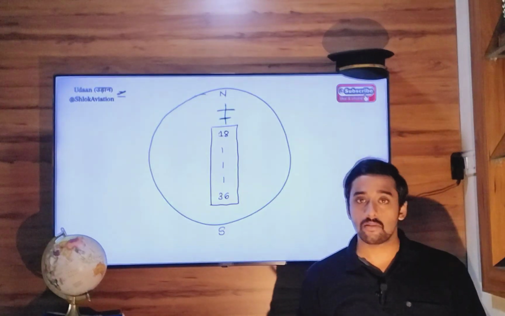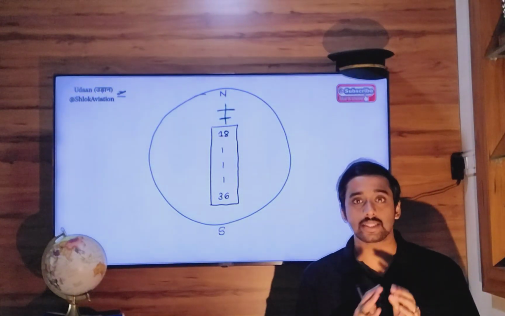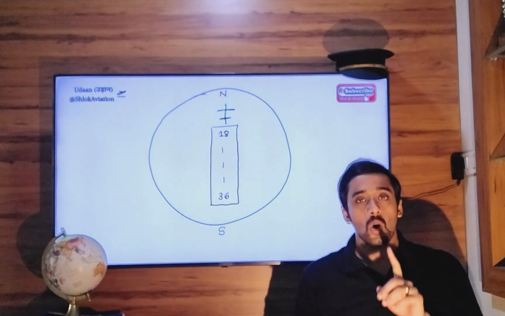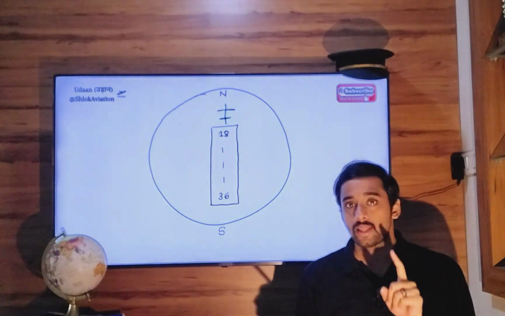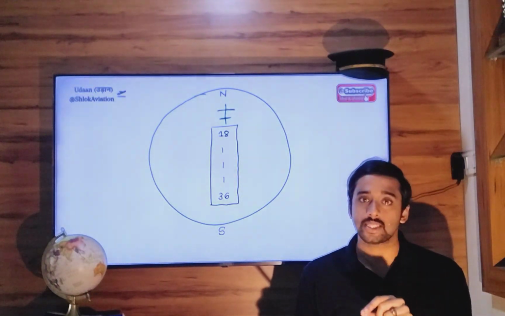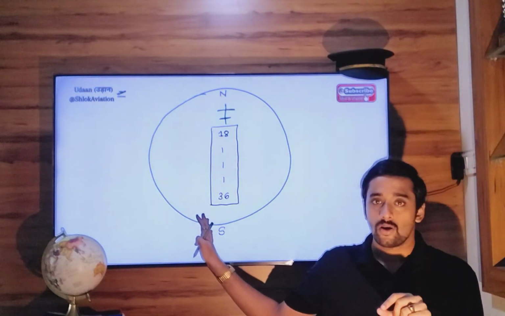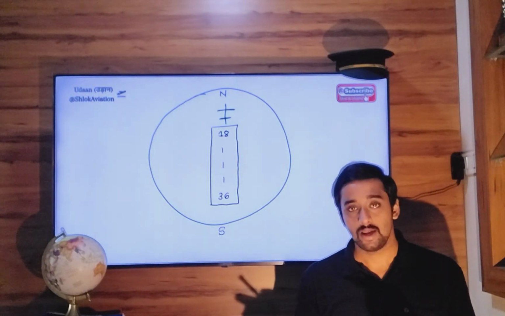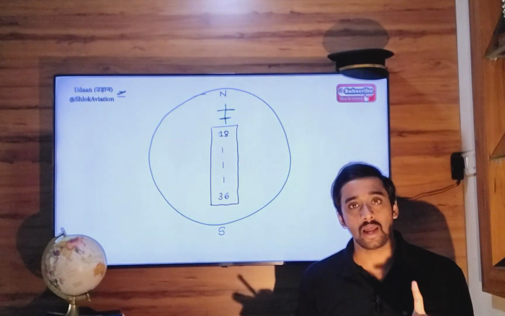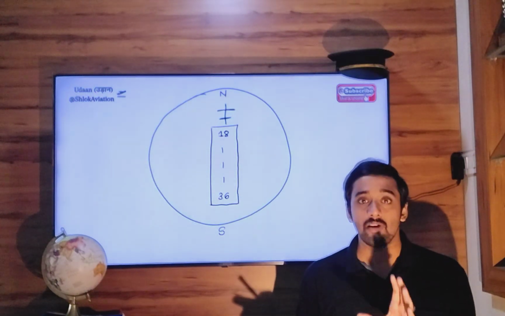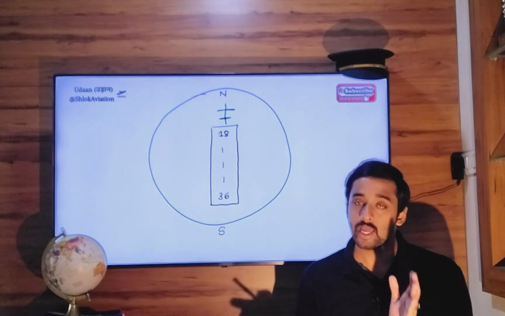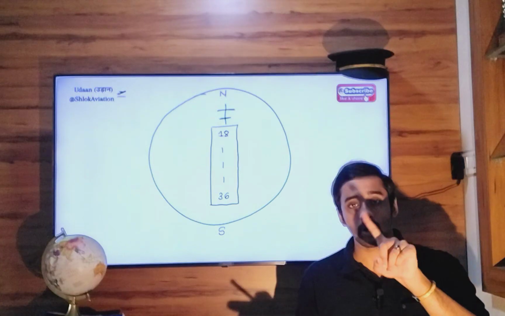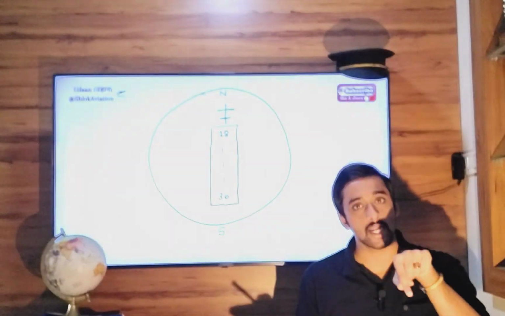So your magnetic compass is subject to two types of errors: acceleration, deceleration error on east and west headings. That particular error is not required in this question. The second type of error is turning error. Turning errors happen around the north direction and south direction, only when you're turning around the northerly or southerly direction.